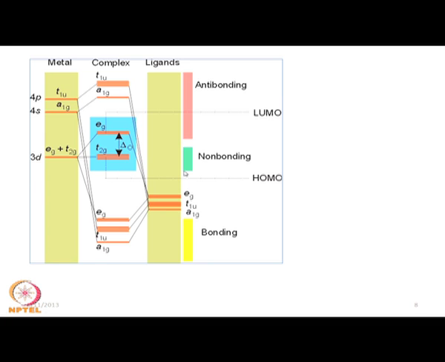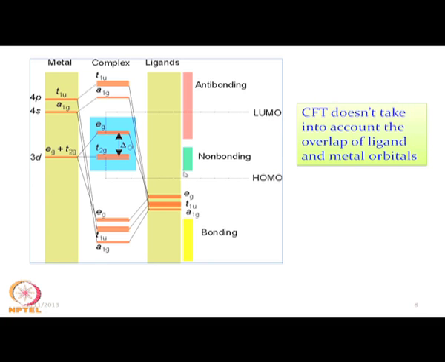So, when we have this bonding, anti-bonding and non-bonding level, we simply say that the interaction between the HOMO level and the LUMO level is what we have ignored in the crystal field theory. Crystal field theory does not take into account the overlap of the ligand and the metal orbital.